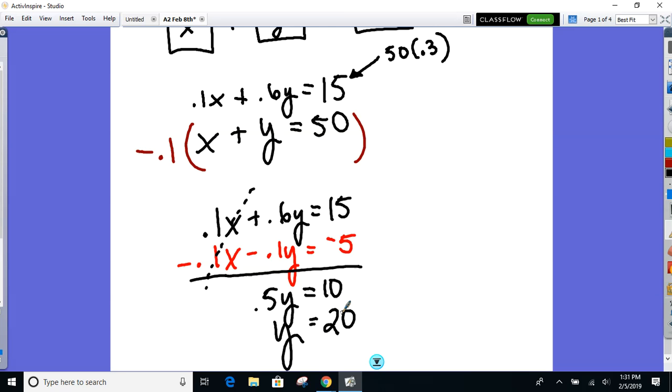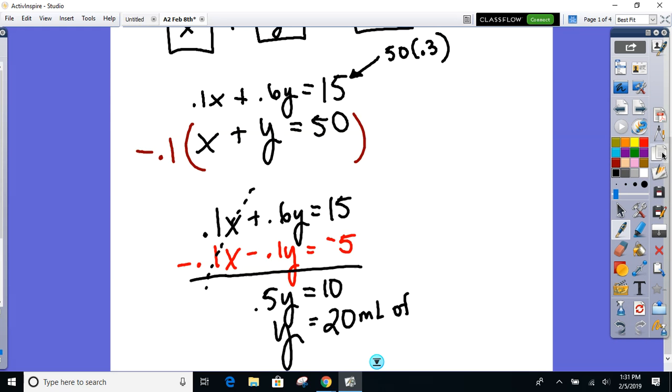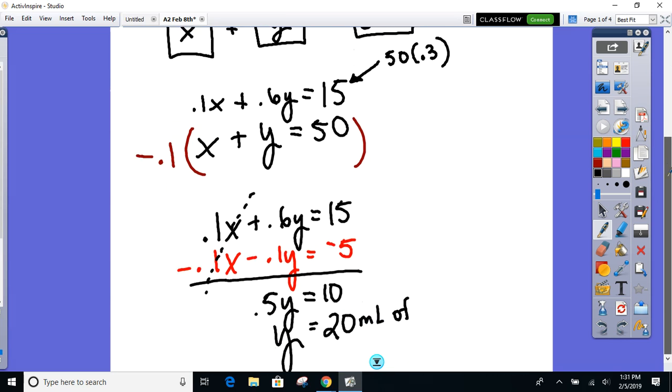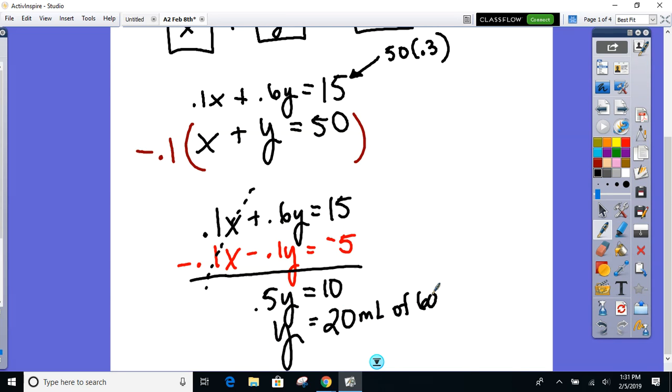Okay, now, hey, I am going to require a little bit more than this, though. What's that 20 mean? What did we call Y? I need a little label with it. That's not asking for a lot. 20 milliliters of what? Okay, whoa, I need the percent, though. What was it? The 60? Go back up. Y was, yep. So 20 milliliters of 60%. I'll even just take solution. I don't need sodium, iodine, whatever.